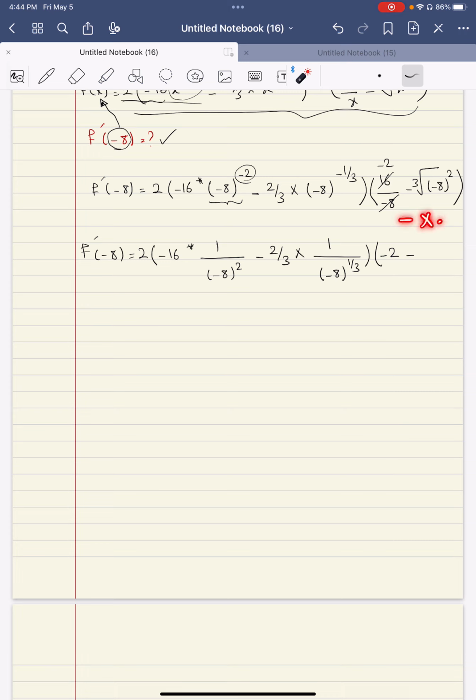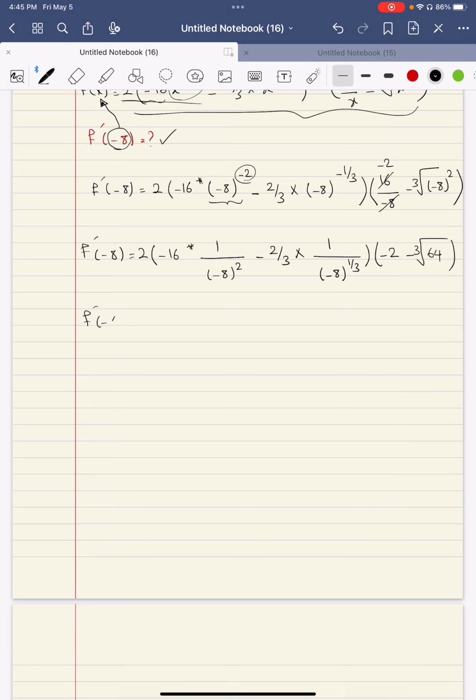Negative times negative would be positive, right? So this will be positive 16. Or sorry, positive 64. Negative 8 times negative 8 would be positive 64. So it would be the cube root of 64.